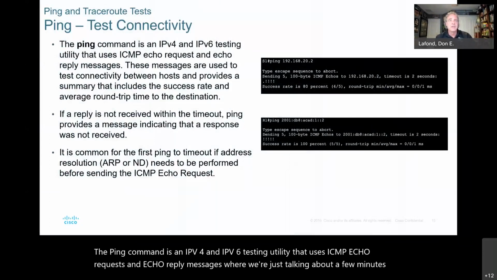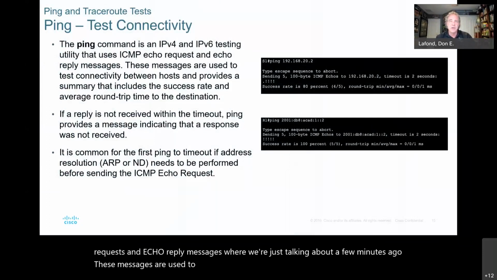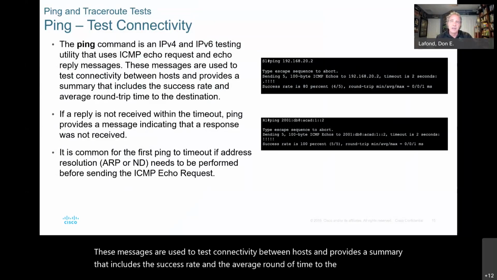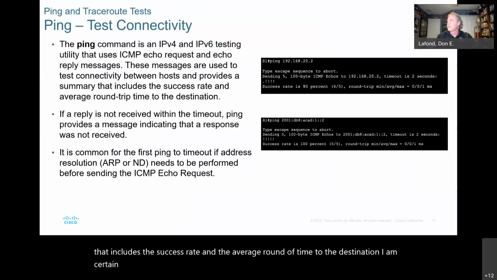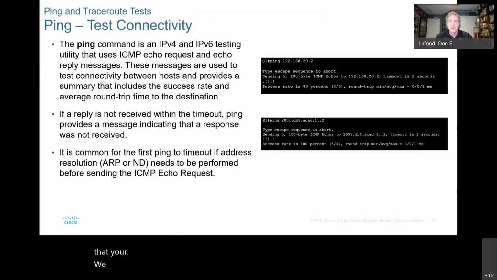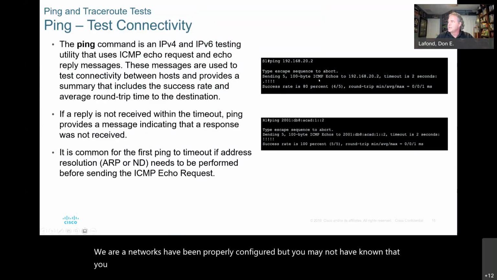These messages are used to test connectivity between hosts and provide a summary that includes the success rate and the average round trip time to the destination. I am certain that you have all used ping in this class to make sure that your networks have been properly configured. You may not have known that you were using ICMP to do that, but you just ping.